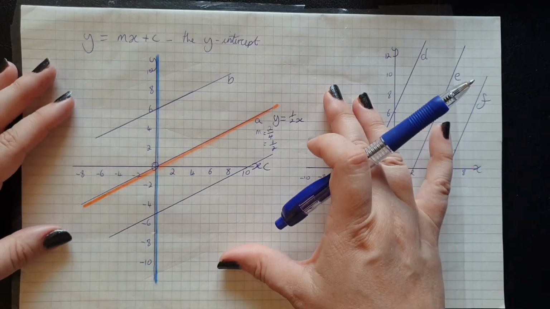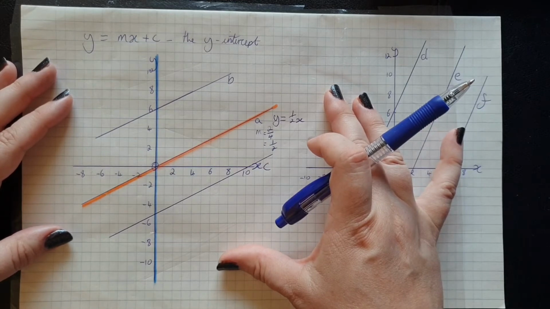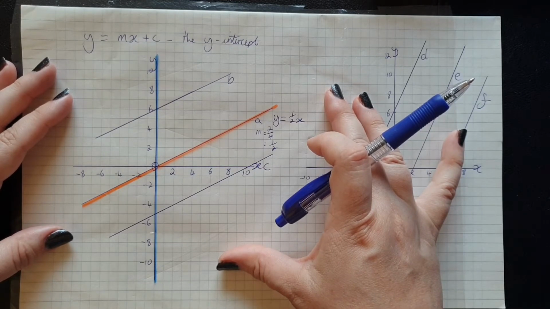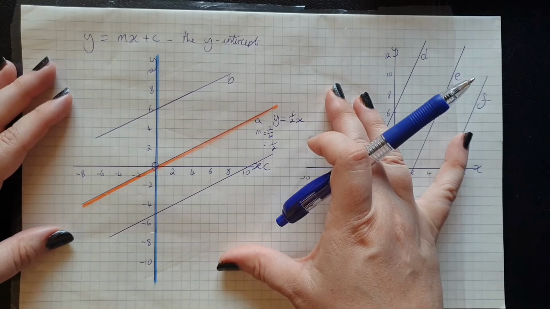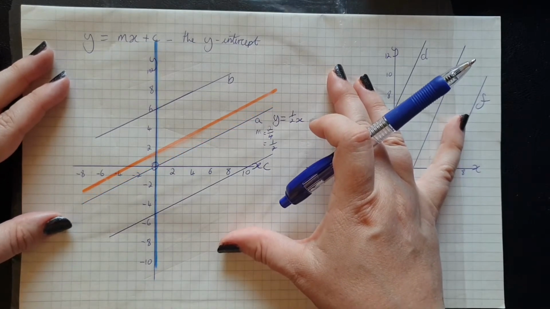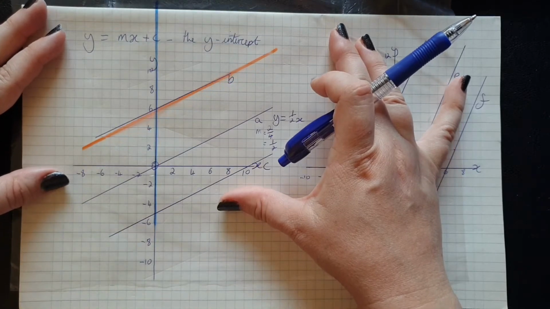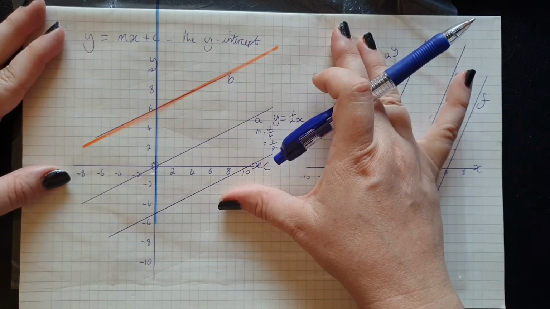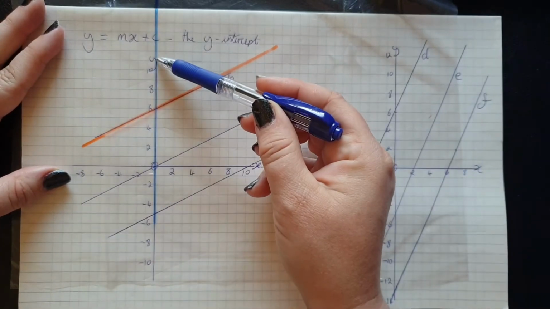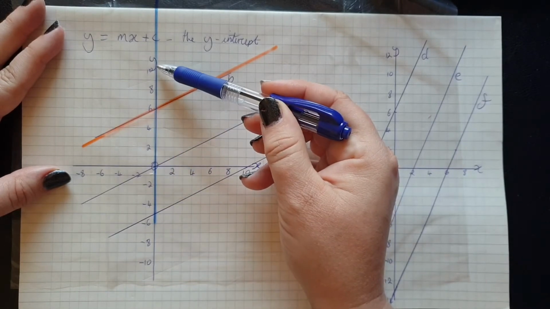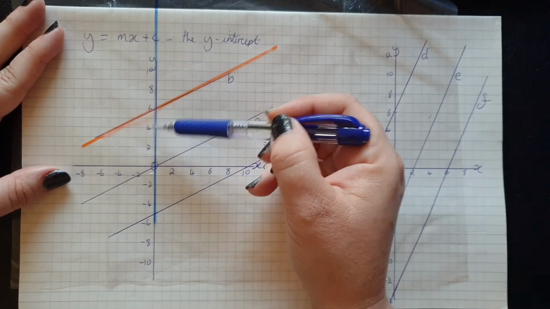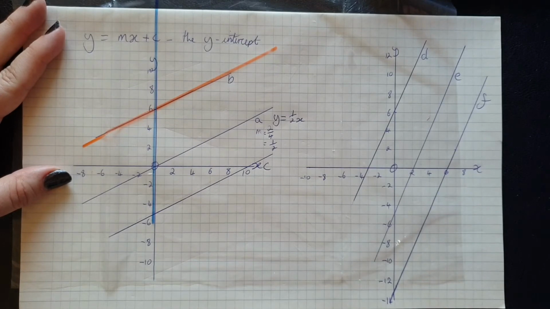How have I moved it? Let's line that up again. What I've done is I've taken the line y equals half x and I've moved it up. How far has it gone up? Well, how far it goes up we describe by where it crosses the y-axis. And where it crosses the y-axis is what is called the y-intercept.